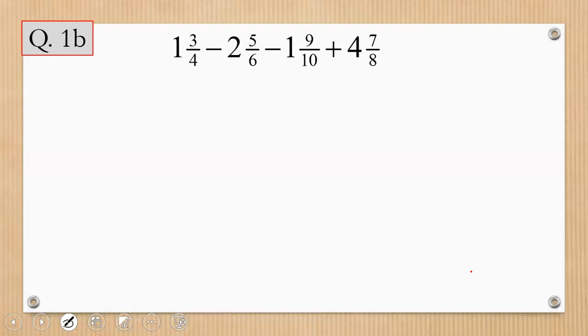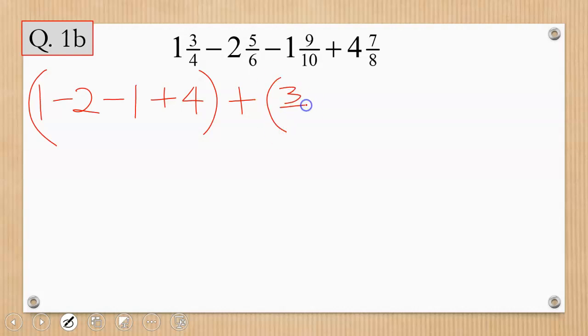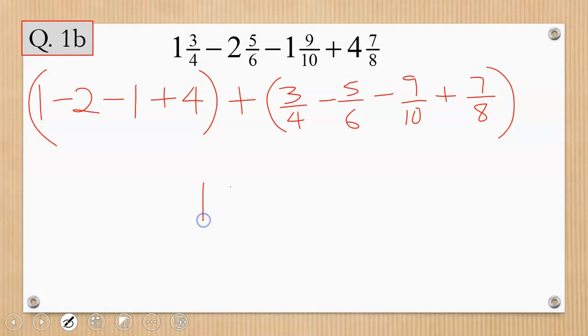I will pick out the whole number part. So 1 minus 2 minus 1 plus 4, and then plus the fractional part, which is 3/4 minus 5/6 minus 9/10 plus 7/8. When I finish the whole number part, I then add it to the fractional part. Remember this, 1 plus 3/4 is the same as saying one whole number 3/4.